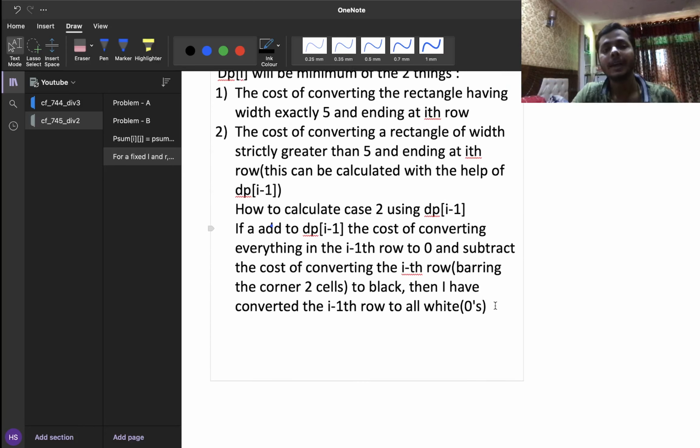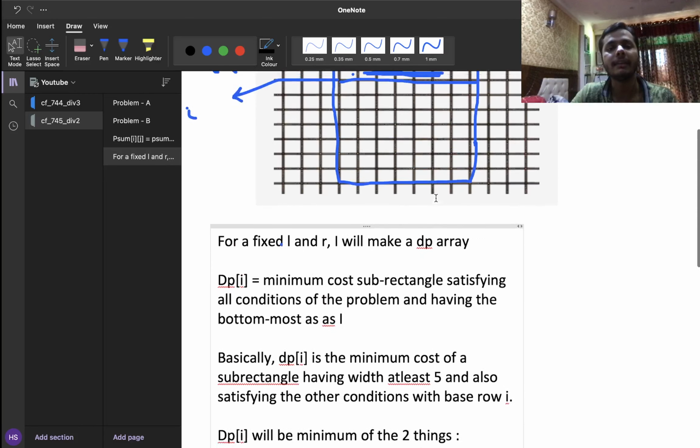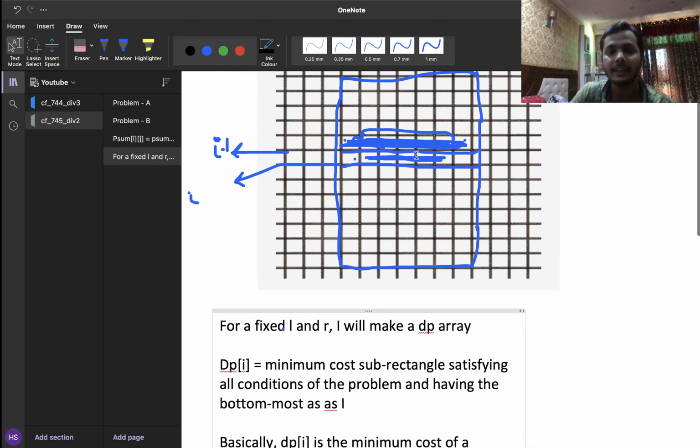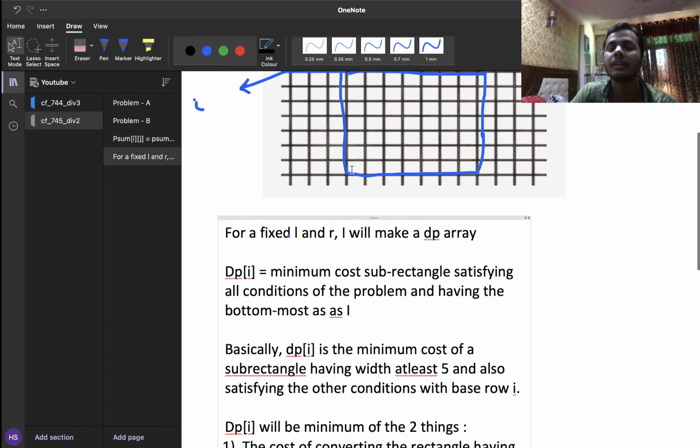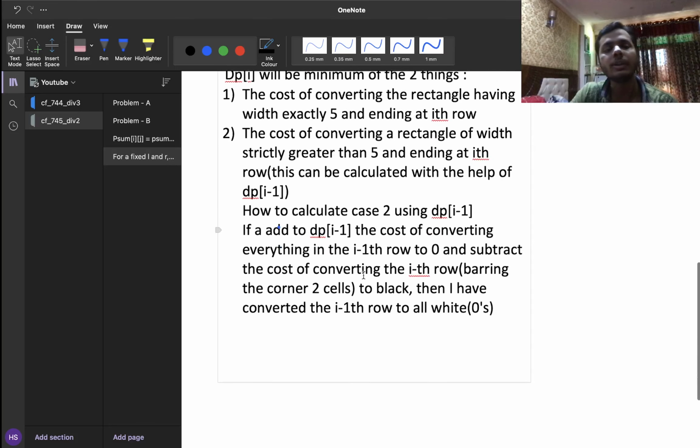Okay, so yeah, this was my solution. I basically modified dp of I minus 1 in such a way that I can use it, and now I have two choices: either to take this rectangle having a width exactly 5, or to take the rectangle having width greater than 5, which can be calculated using dp of I minus 1. So if it is still not clear to you, it is something similar to calculating the maximum subarray sum, right?